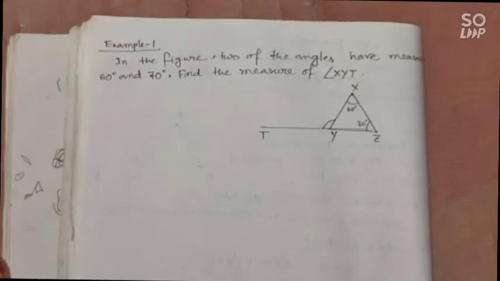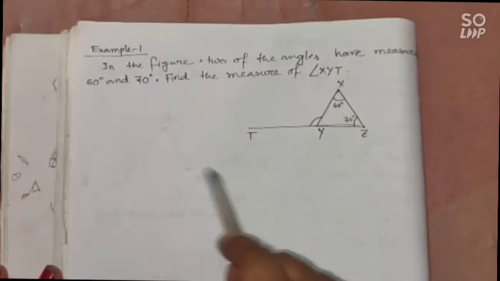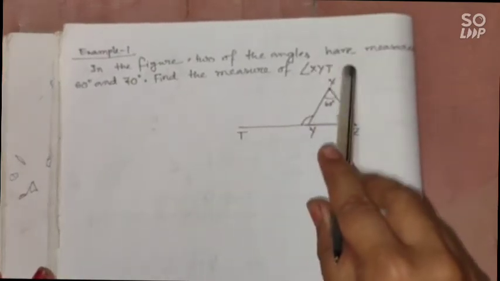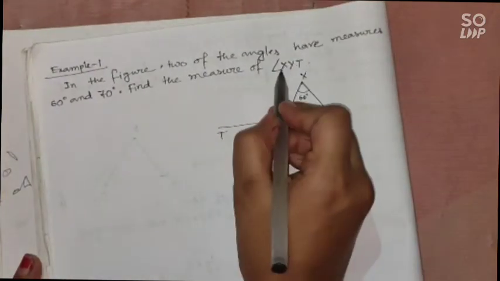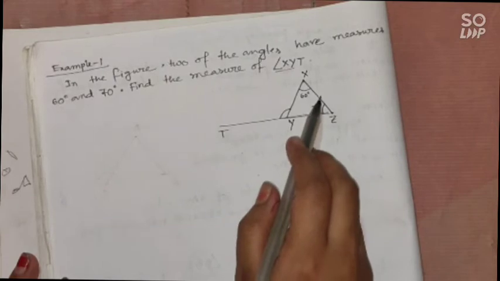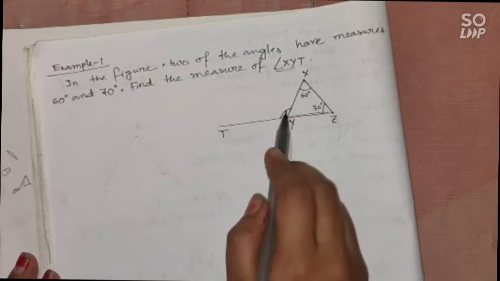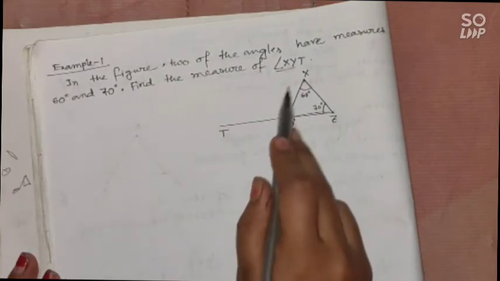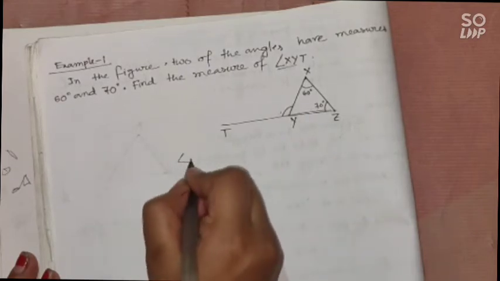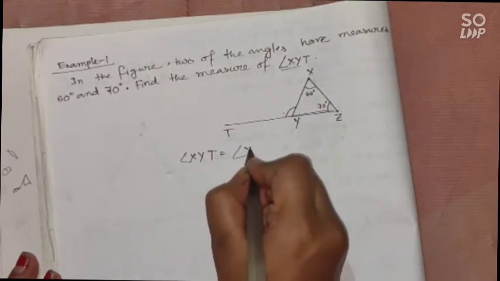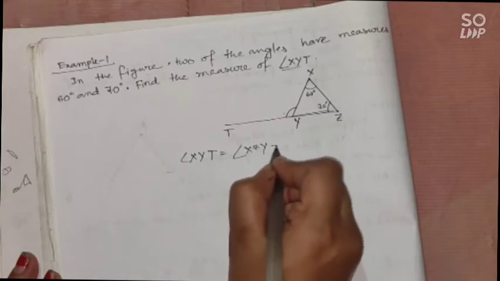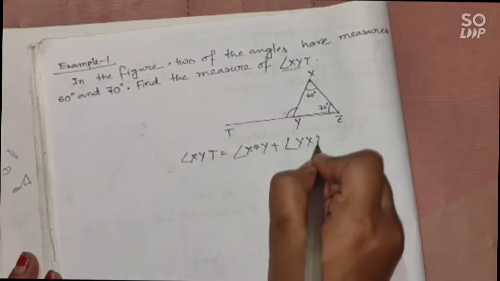First example, in the given figure, two of the angles measure 60 degrees and 70 degrees. Find the angle XYT. So, in this figure, you can see that this is the exterior angle and these are the two opposite interior angles. So, this is very easy. Angle XYT equals angle XZY plus angle YXZ.